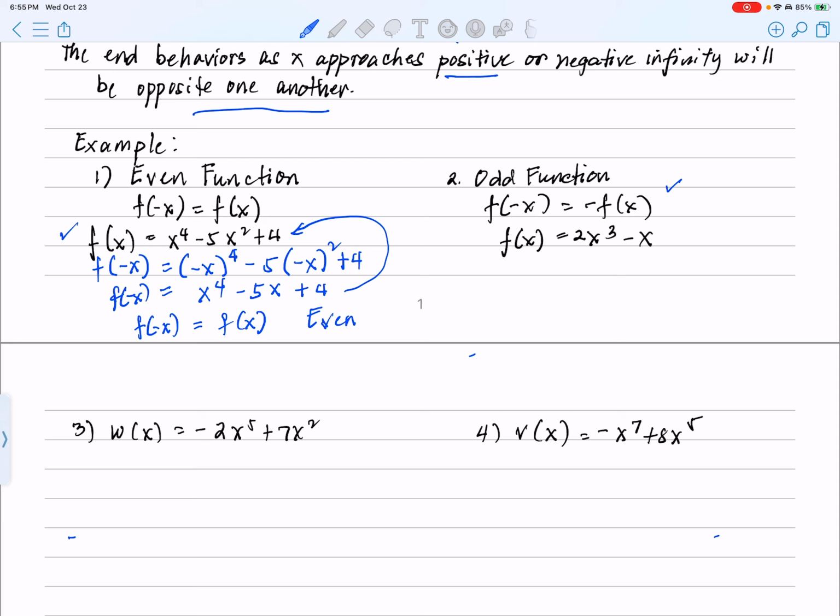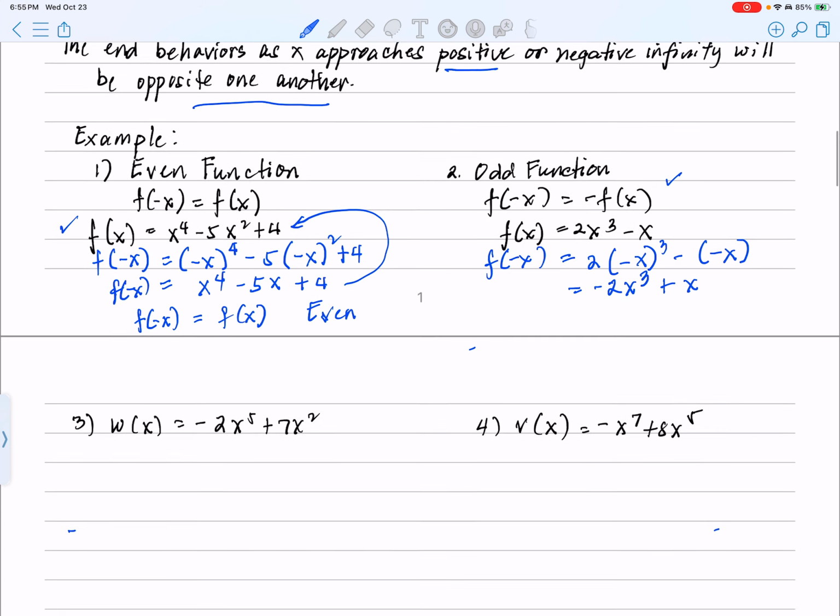So let's do this. Substituting negative x into the given function, minus a negative x, what do we have here? A negative x cubed times 2 gives a negative 2x cubed. Negative times a negative would be a positive x. So what do you see here?